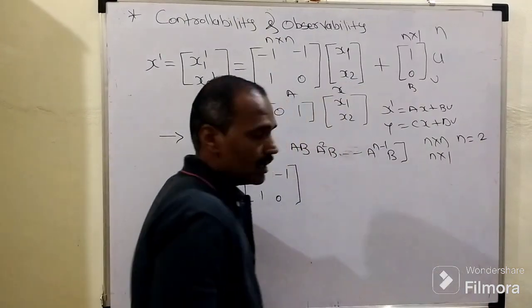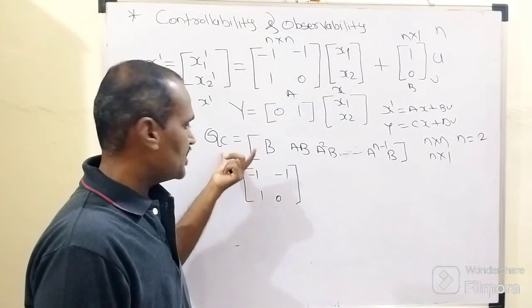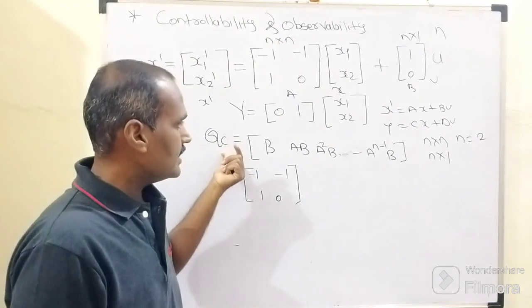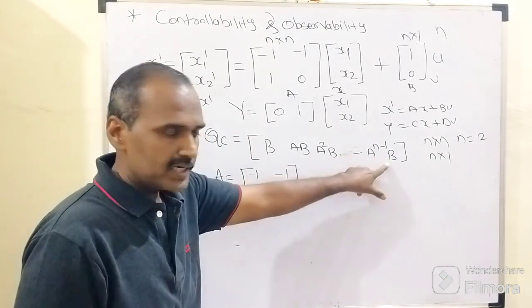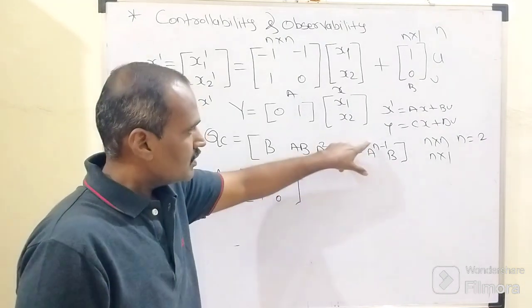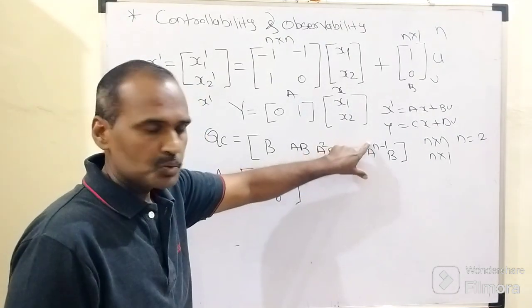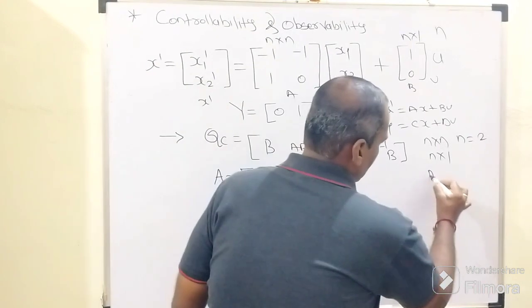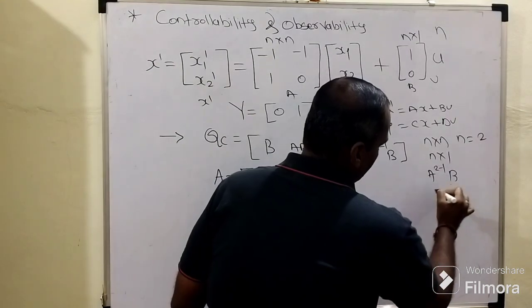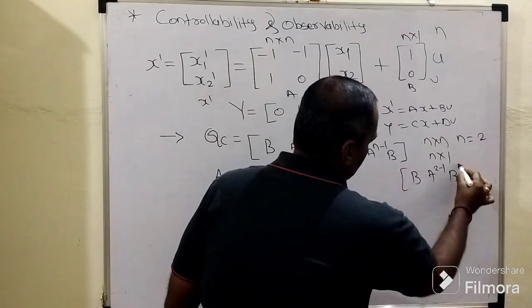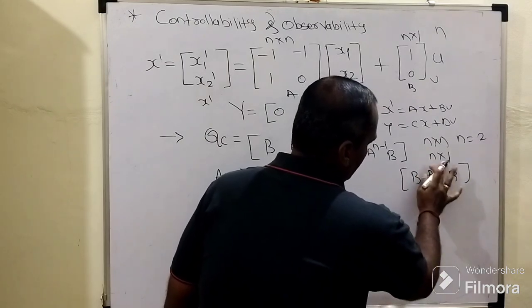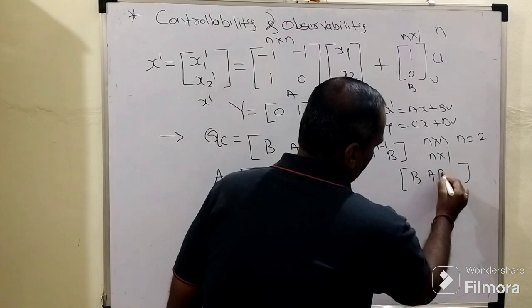Now according to the basic definition of the control matrix, it will get iterated up to A to the power n minus 1 times B, right? As we know n equals 2, so A to the power 2 minus 1 times B, and the first term will be B. So it will become B, AB.